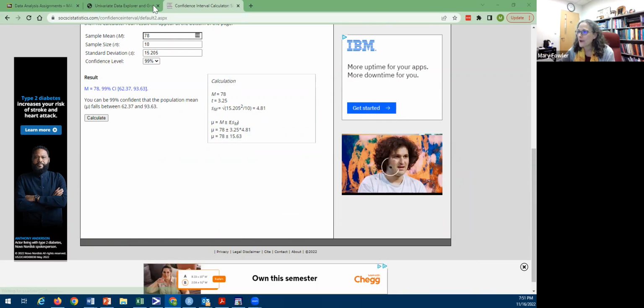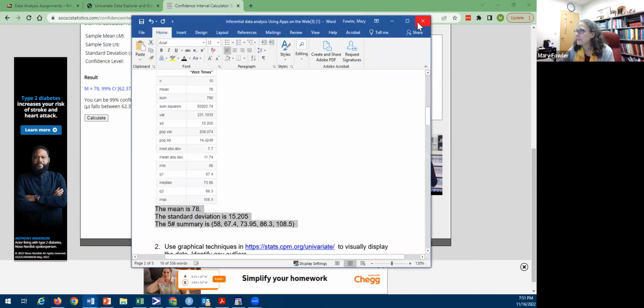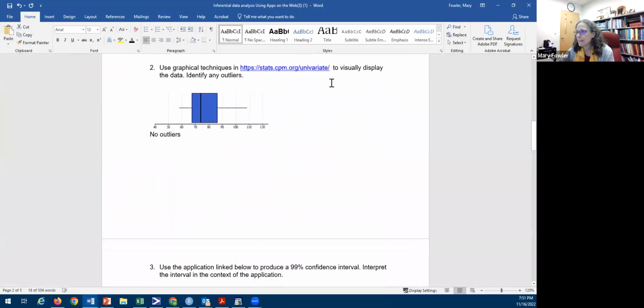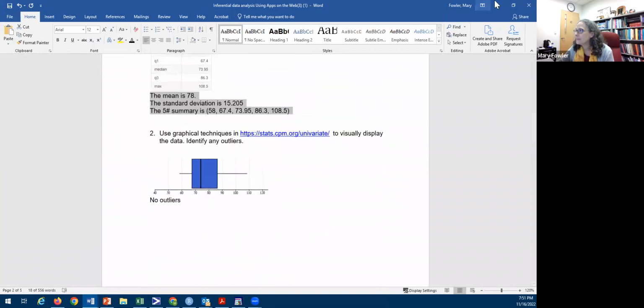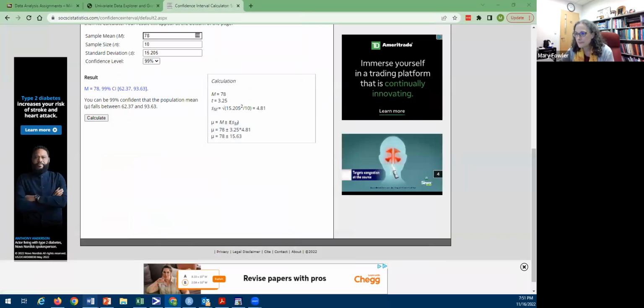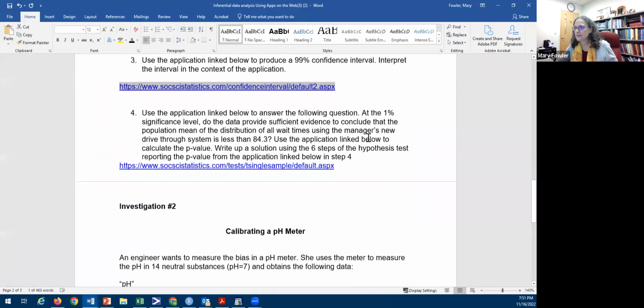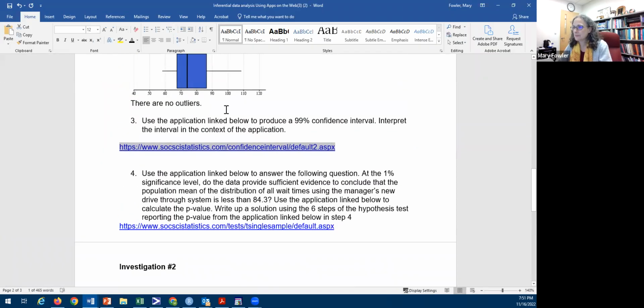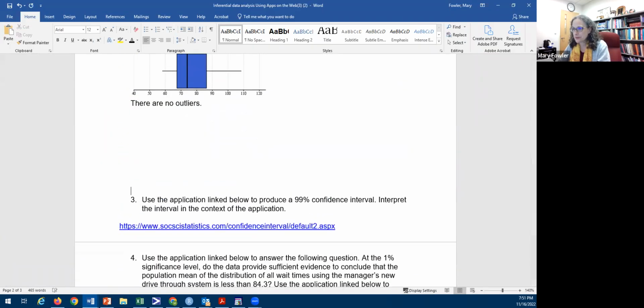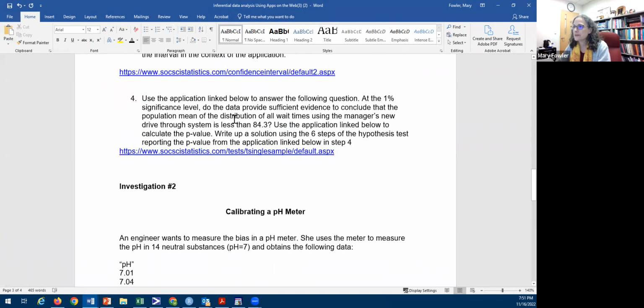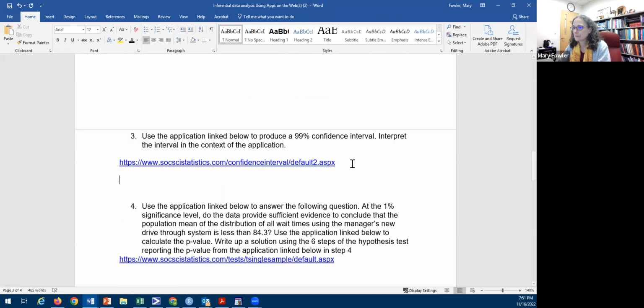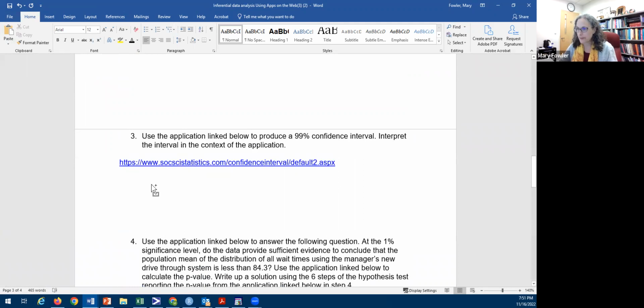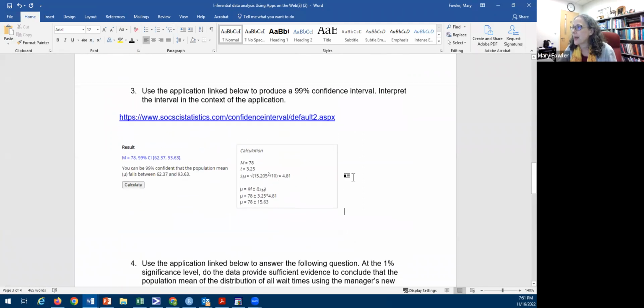And we'll bring over our lab report that we're working on. And let's go ahead and, oops, that's the wrong one. Okay, and so problem number 3, I'll start this down here, just to give me a little space. So first I'm going to paste the results and then I'm going to answer the question. The question says, produce the 99% confidence interval and interpret it.